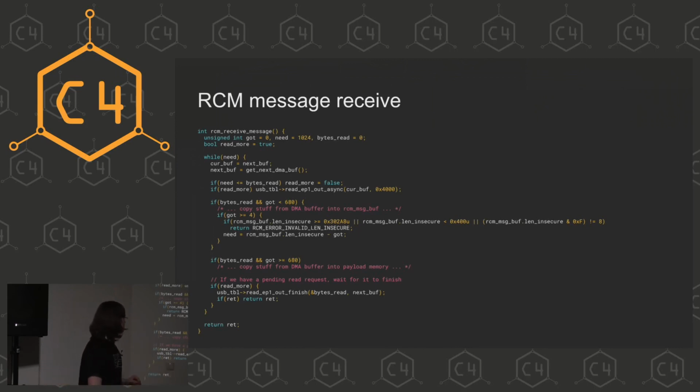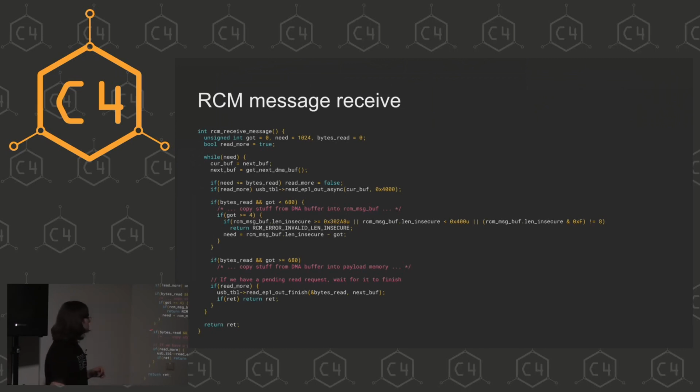So then it copies the payload also into memory, into a different place than this RCM message buffer. So this RCM message buffer is the header, where it checks these lengths, for example. And this is at one place in the memory, and the payload is in another place. We will see this later on another slide.